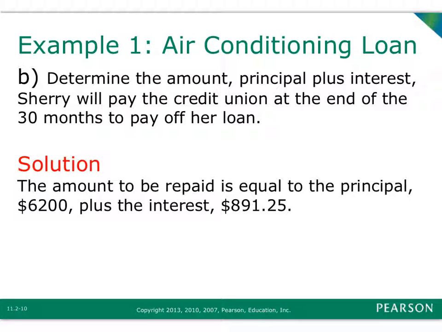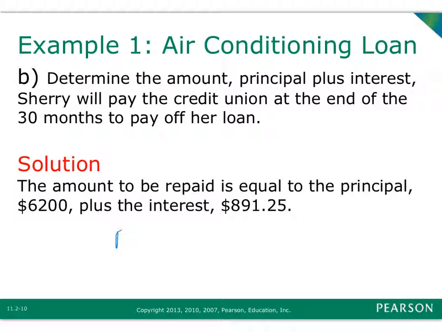Now, in this particular problem, we ask the question, determine the amount of principal plus interest Sherry will pay to the credit union at the end of 30 months to pay off her loan. The solution is the amount to be repaid is equal to the principal, $6,200, plus the interest of $891.25.